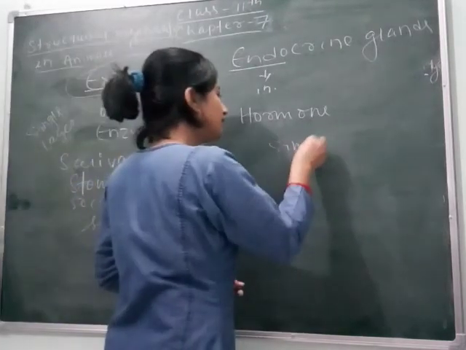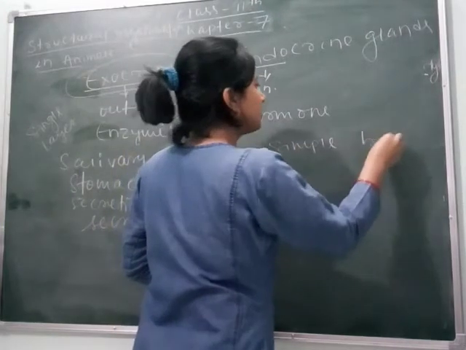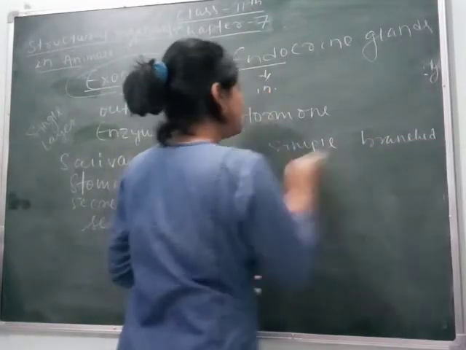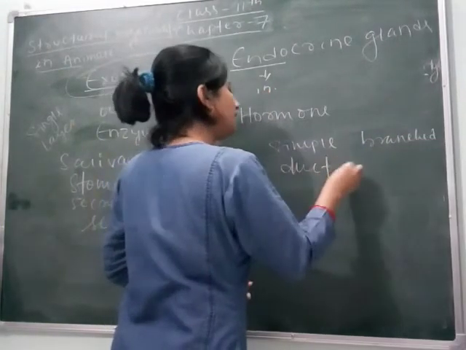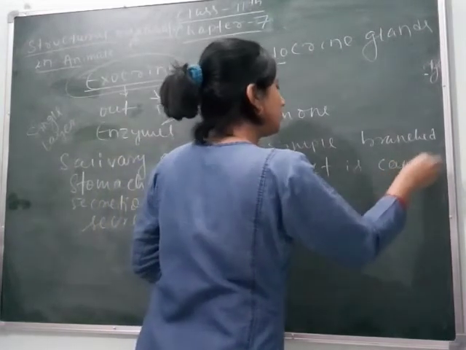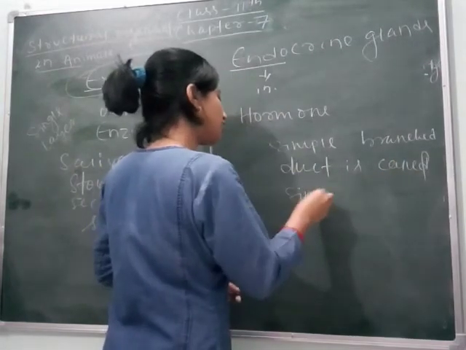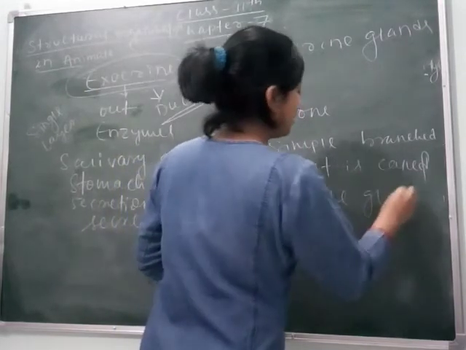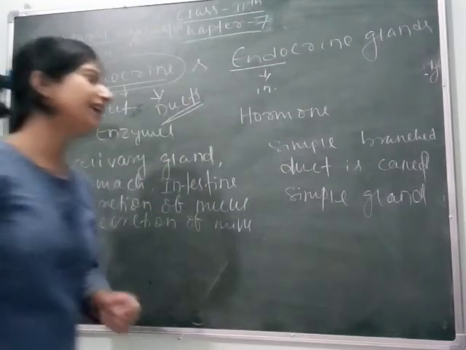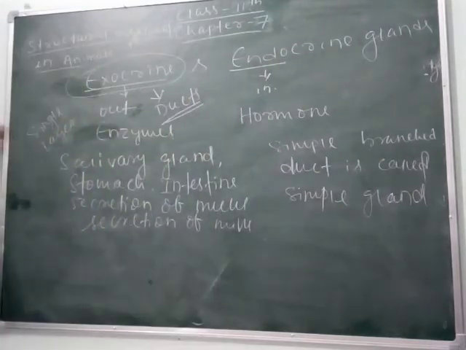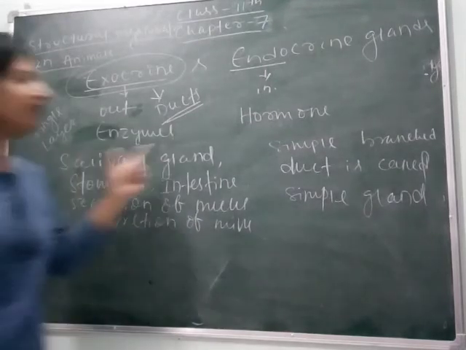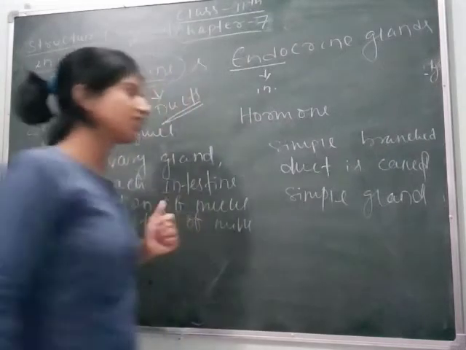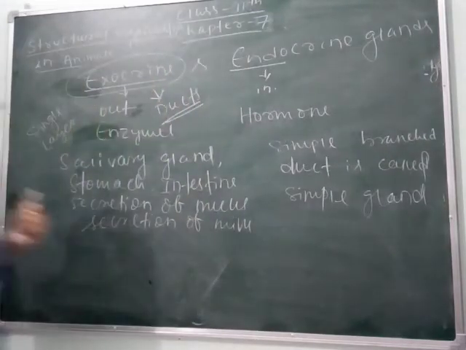It means exocrine again forms simple gland. We say it is a simple gland when it is made up of a simple duct.